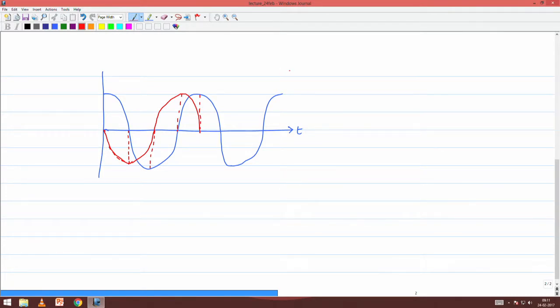So, the red one is velocity for k greater than m omega square force, that is all very fine, right. So, now if we wish to calculate the power, what is the power that is required to drive this oscillator?